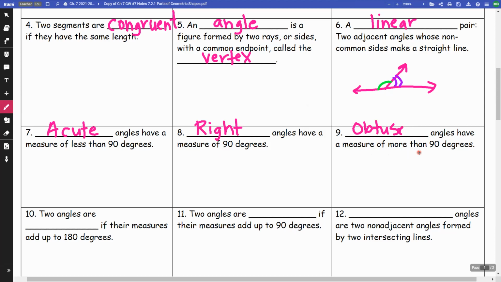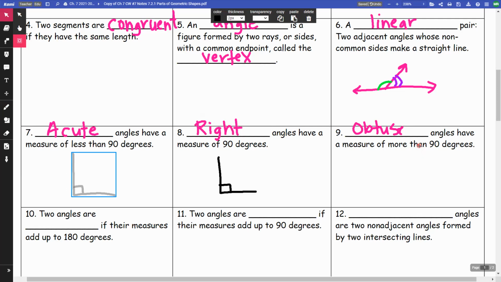So an acute angle, so if we think about 90 degrees, okay, so this would be 90 degrees. Let me just lightly draw in 90 degrees. And I'm just going to copy this so I can put that over here.